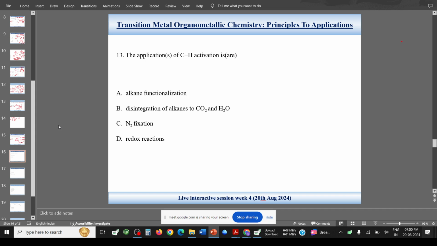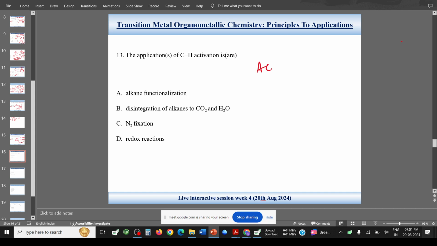The application of CH activation: alkane functionalization, disintegration of alkanes to CO2 and H2O, nitrogen fixation, or the redox reaction. Why do we need the CH activation reaction? After activating the CH bond, alkane functionalization.